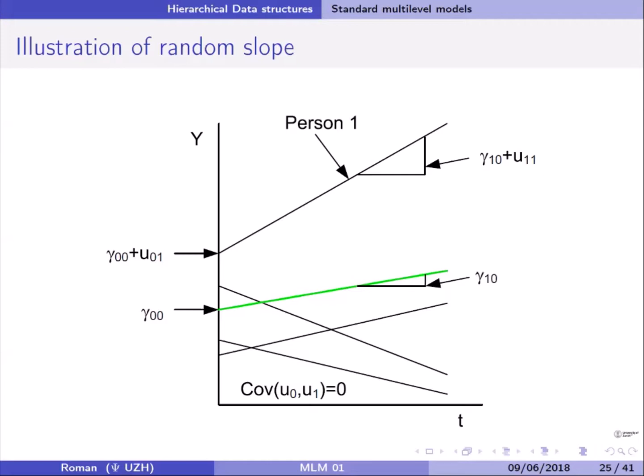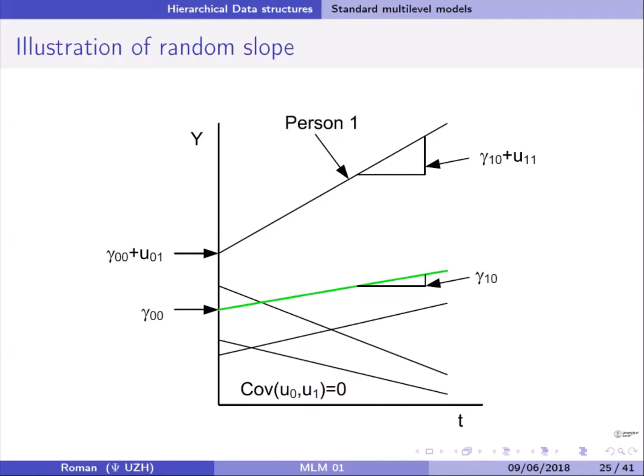Now, each case will have its own intercept. In the random slope, random intercept model, we will have a fixed intercept, or average intercept, plus the cluster-specific deviation, so this one's higher, and it will also have a fixed slope plus the cluster-specific deviation. So now what we have is different slopes and different intercepts for each cluster.